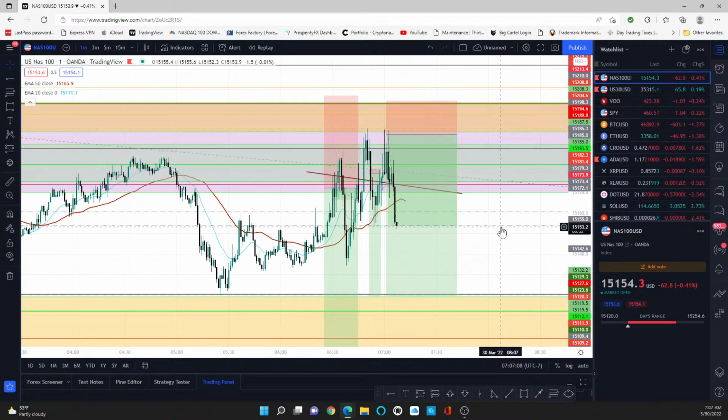Let's see if it really gives it to us right here. Let's go. It's fucking us up. Only thing keeping us in this is good money management, I guess.